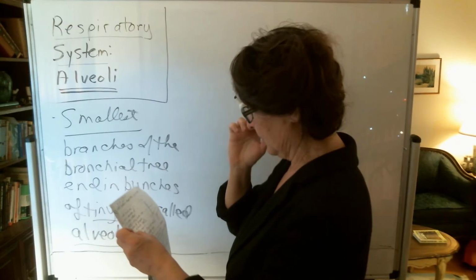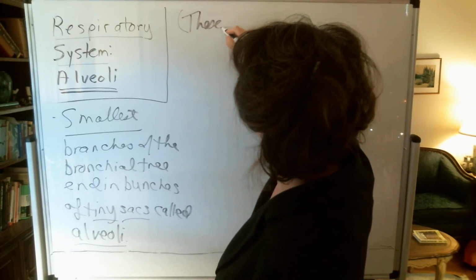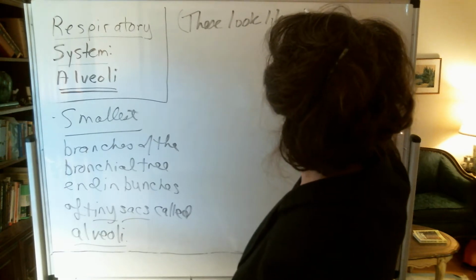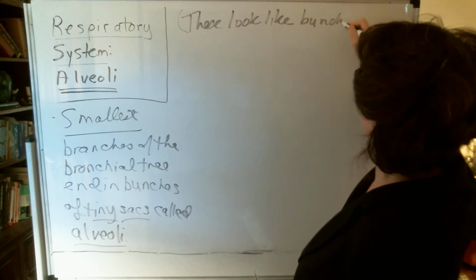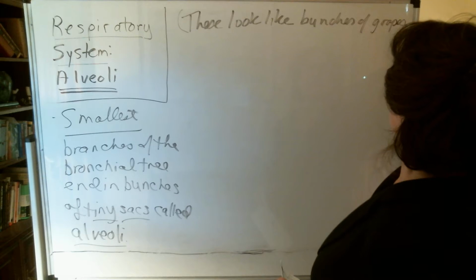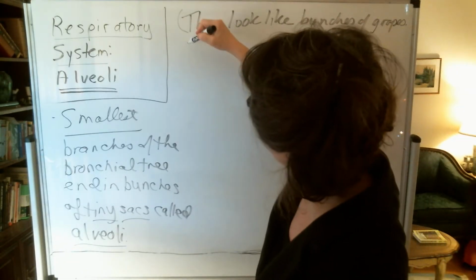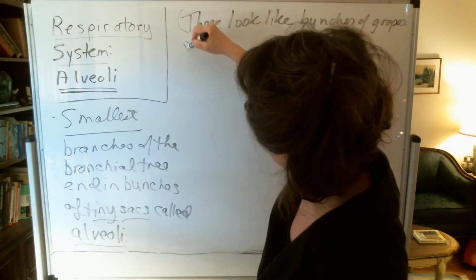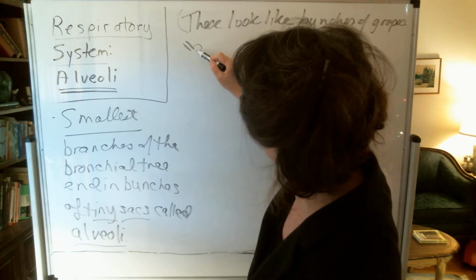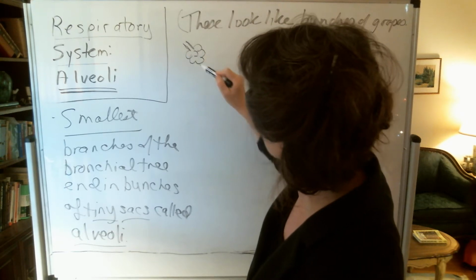And I'm just going to say here, as a way of thinking about it, these look like bunches of grapes. That's just kind of a handy way of thinking about it. So, you're going to have the last bit of the bronchial tree, and then you can wind up with lots of little balloon-like sacs like that.